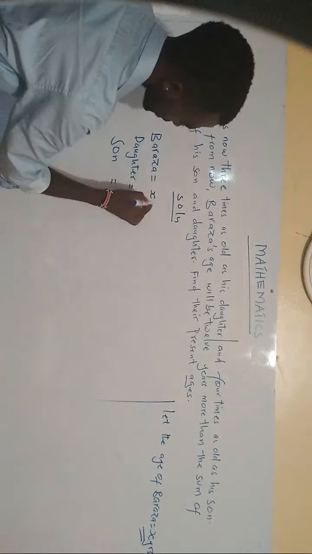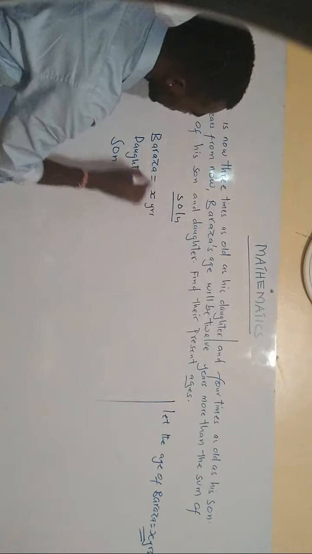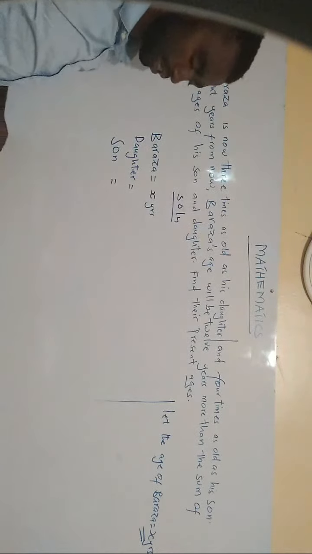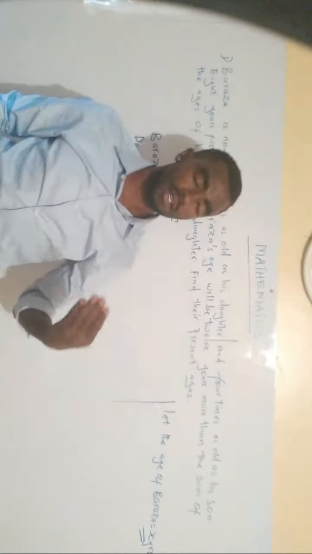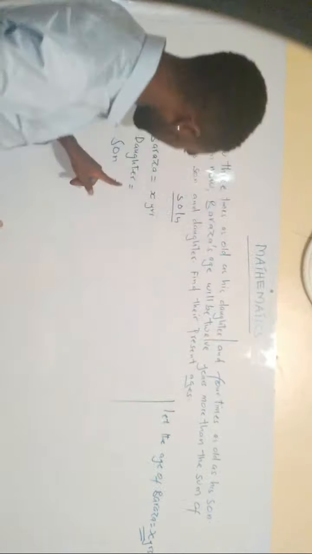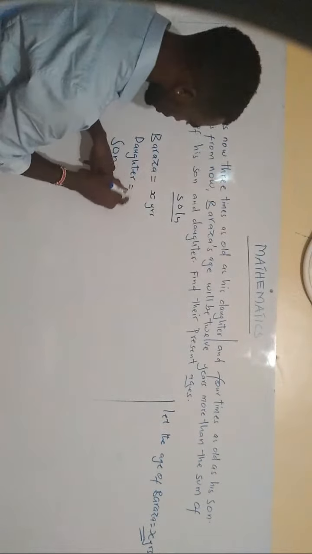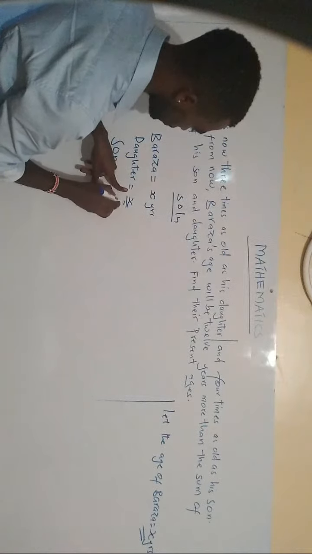Baraza is now 3 times as old as his daughter. So if the daughter is 10, then Baraza will be 10 times 3, so it will be 30. In other words, if this is 3 times of this, then the daughter is x out of 3.